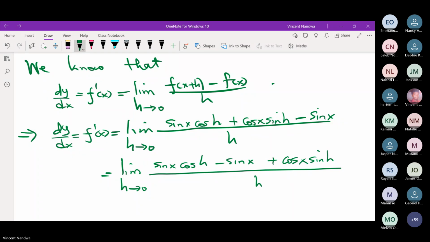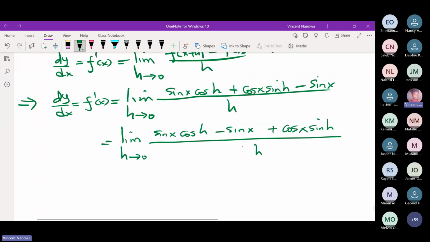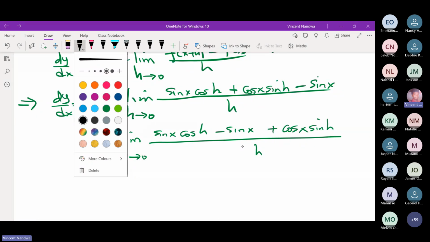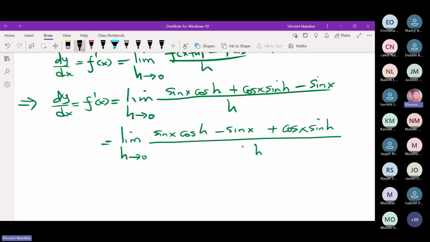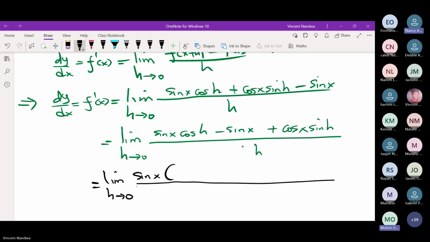Yes. So for the first two terms in the numerator, sine x is common, so I can factor out sine x and rewrite this as the limit as h approaches 0 of sine x into cos h minus 1, then plus cos x sine h, over h.